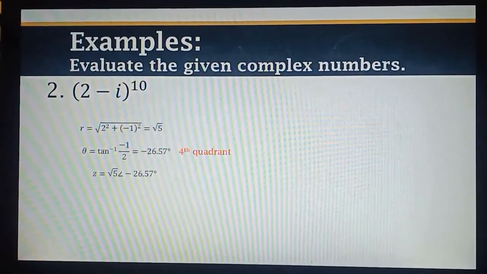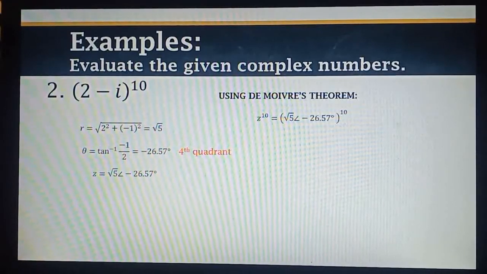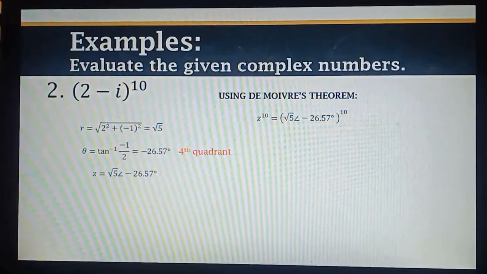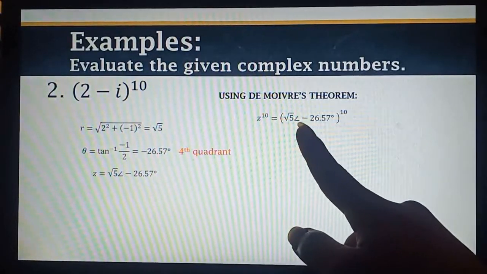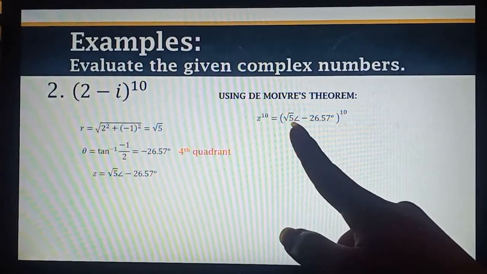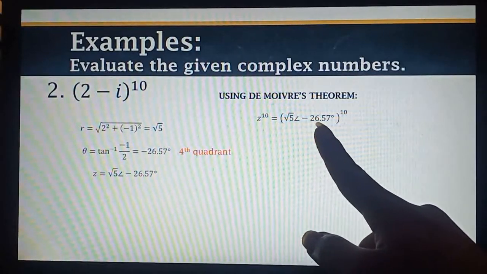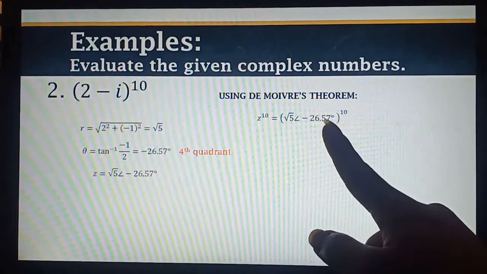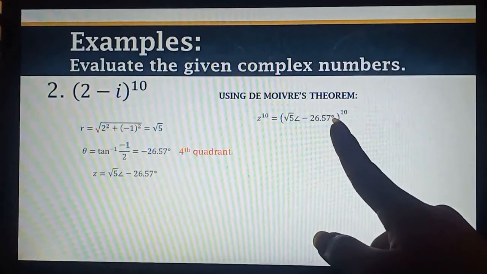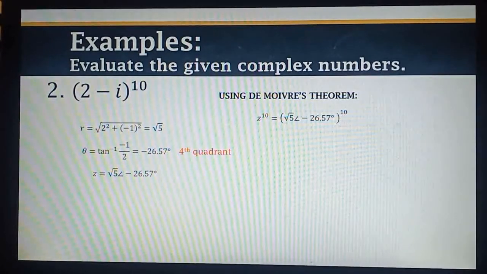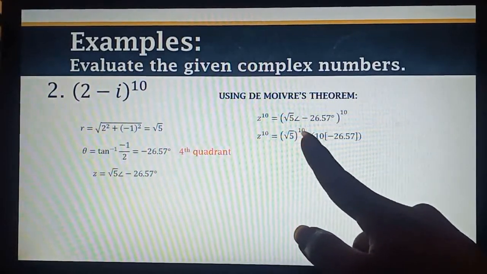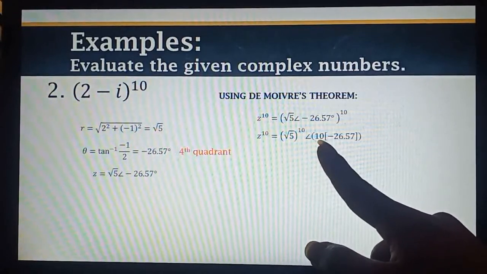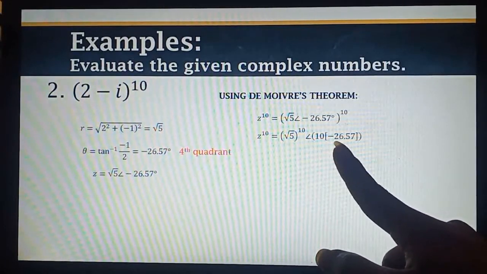So gagamitin na natin ngayon si De Moivre's theorem, which is si z natin, which is raised to 10, that is equivalent to square root of 5 at angle negative 26.57 degrees raised to 10. So using De Moivre's theorem, this will be square root of 5 raised to 10 at angle 10 multiplied to negative 26.57.